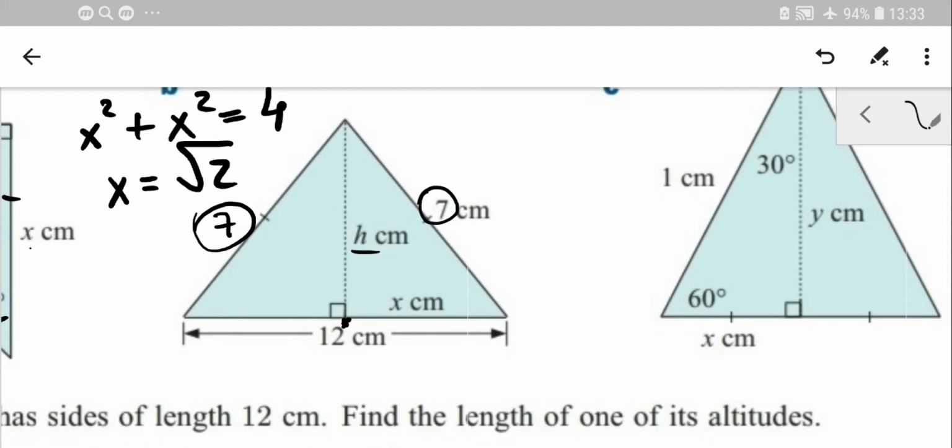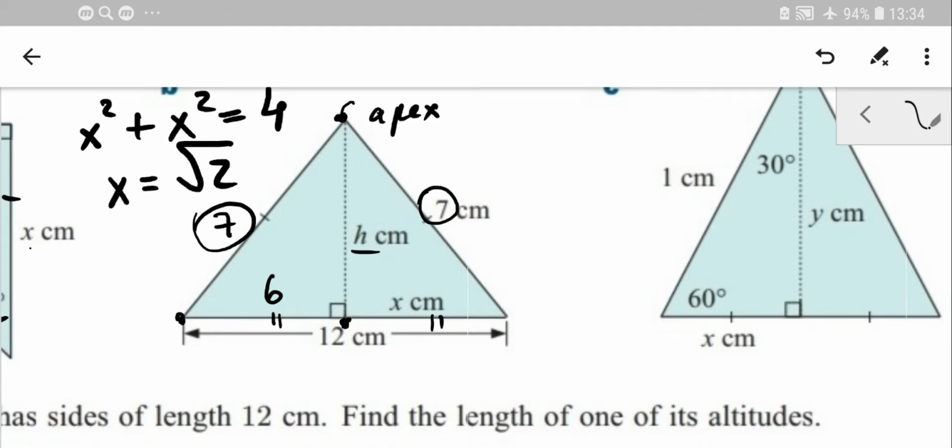We know that this is the apex, and if we put the height from the apex down to the opposite side in an isosceles triangle, it should be a median as well. So what does median mean? It means it splits the base into two equal parts. Okay, so that's why this part is 6, and we can establish the Pythagoras theorem very easily for this triangle.